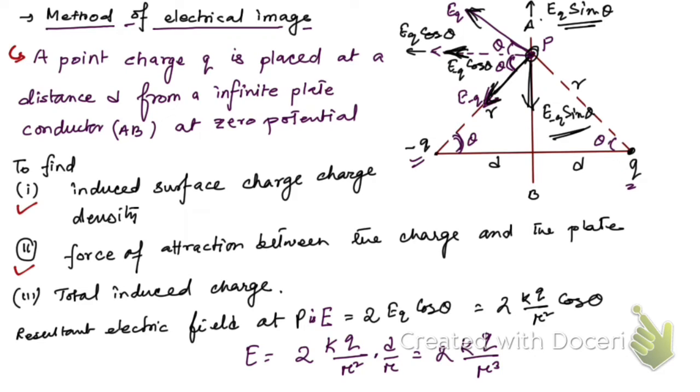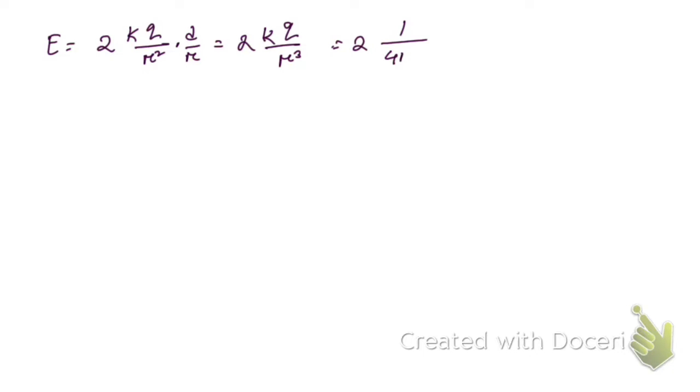Now let me copy this step and go to the next slide. So here is the last step we have got. Now we know that k is equal to 1 by 4 pi epsilon naught. So E is q d by r cube, I forgot to write the d here.